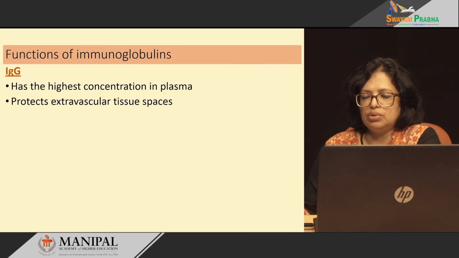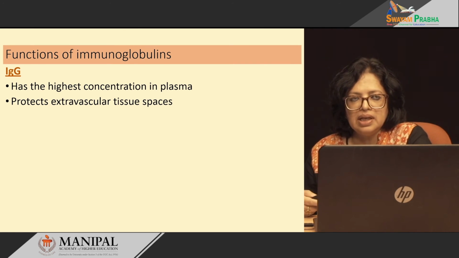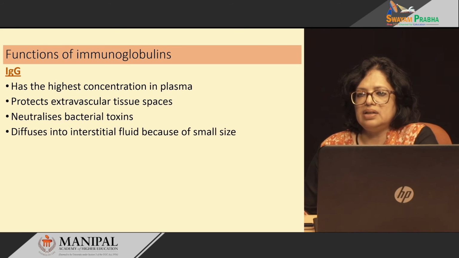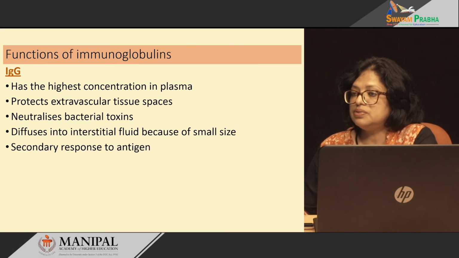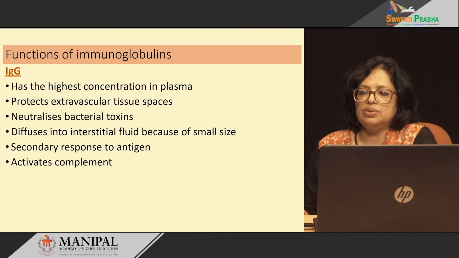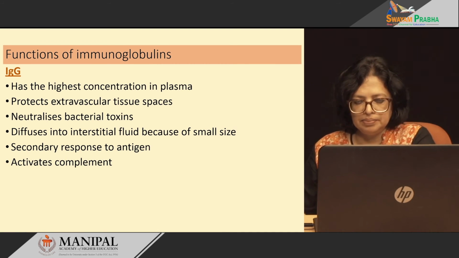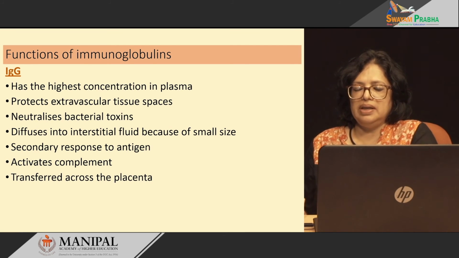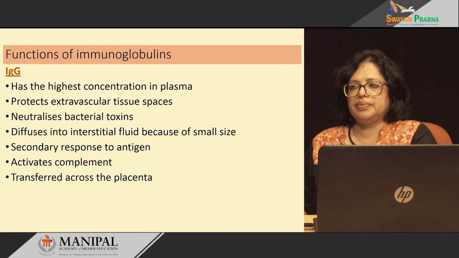So, it can move from the blood into the interstitial space and neutralizes bacterial toxins, diffuses into interstitial space because of the small size, and it is the secondary response to antigen, and it can also activate the complement system, and it is the only immunoglobulin which can be transferred across the placenta from the mother to the fetus.